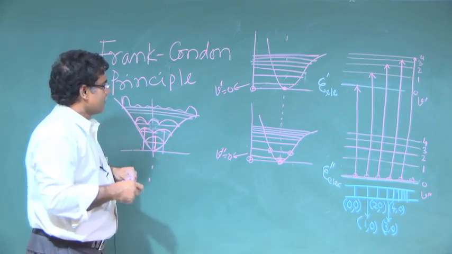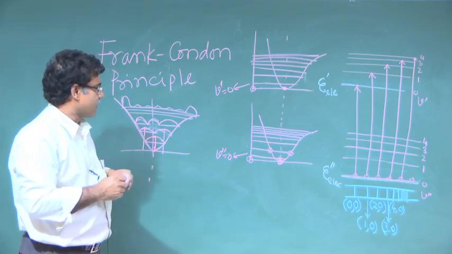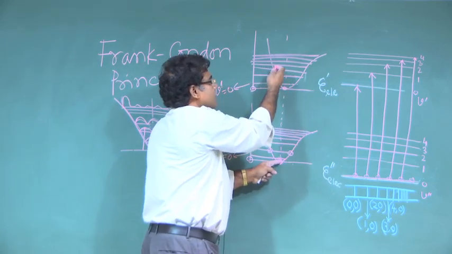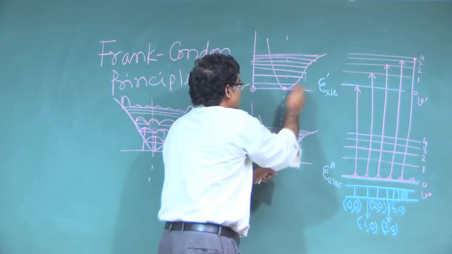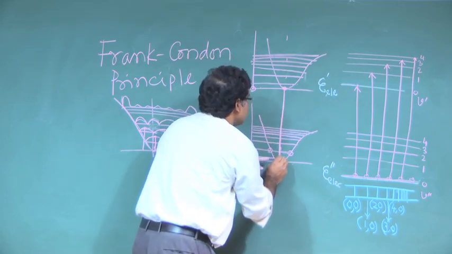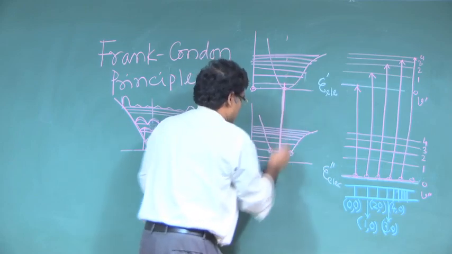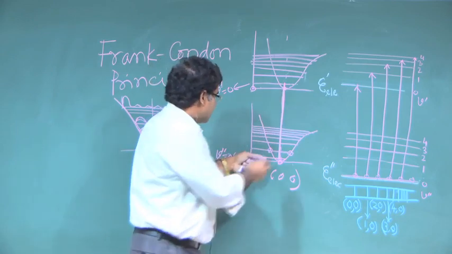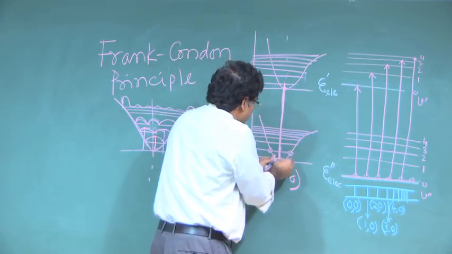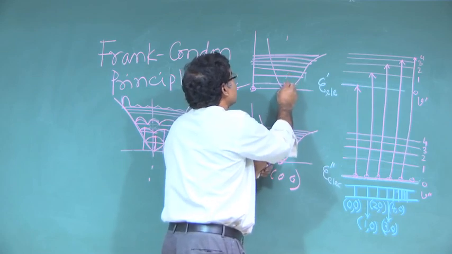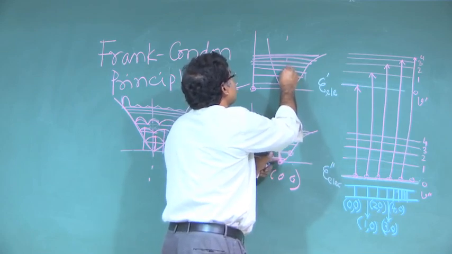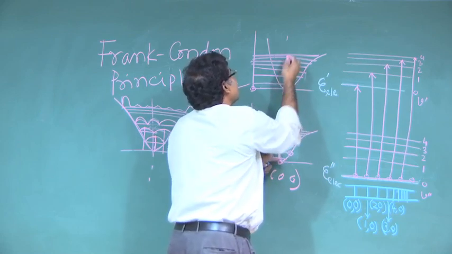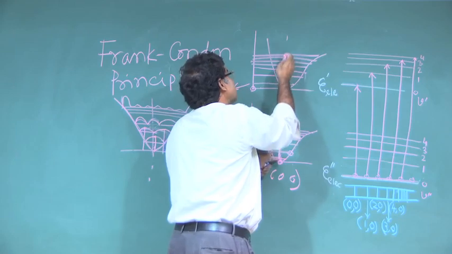If you consider this probability, here is the highest probability, and if this is the position of the excited state, then the transition between these two, 0-0, will be maximum. For a transition from here to another level, it will see the vibrational state like this, and the probability there is less.